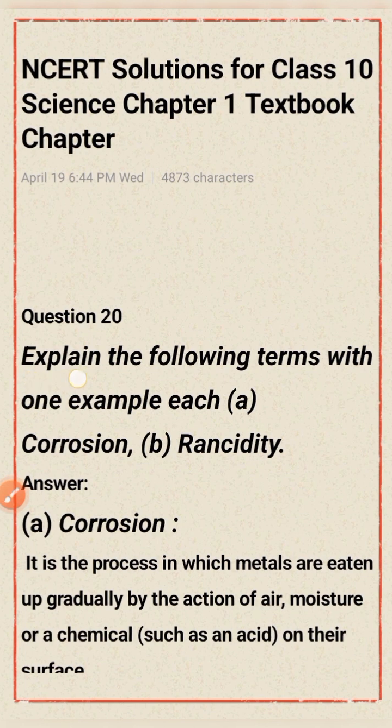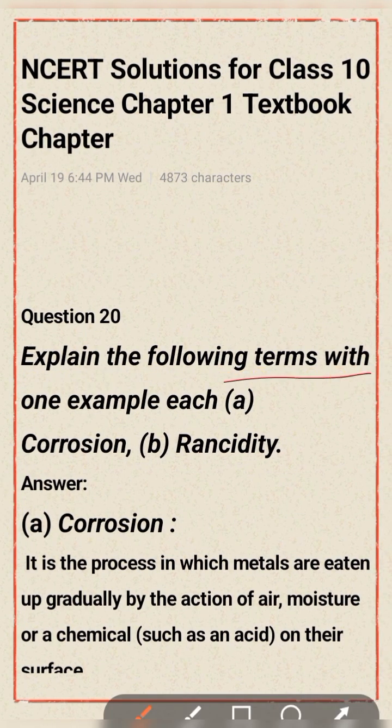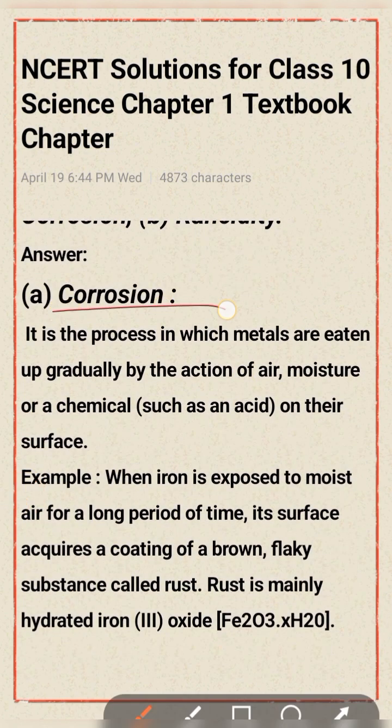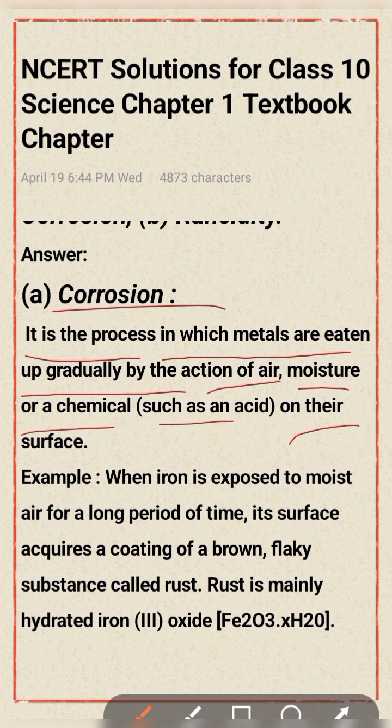Explain the following terms with an example: corrosion and rancidity. It is very important. I will now discuss corrosion. It is the process in which metals are eaten up gradually by the action of air, moisture, or chemicals such as an acid on their surface.